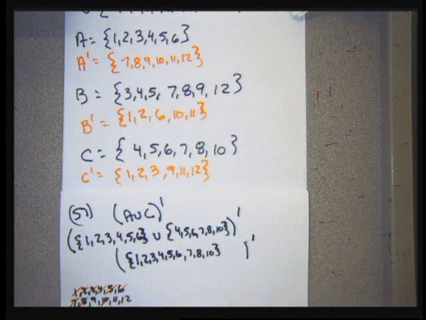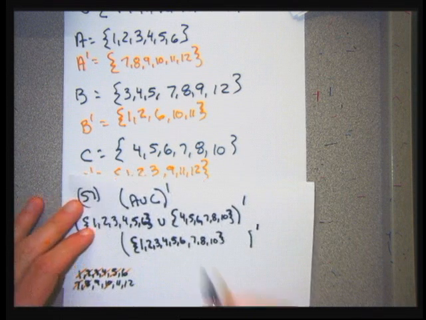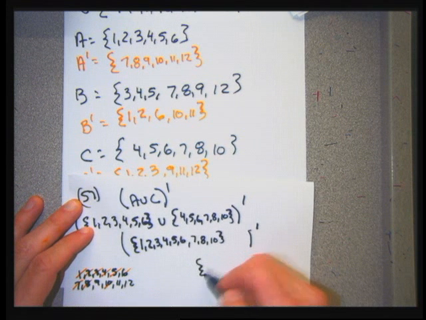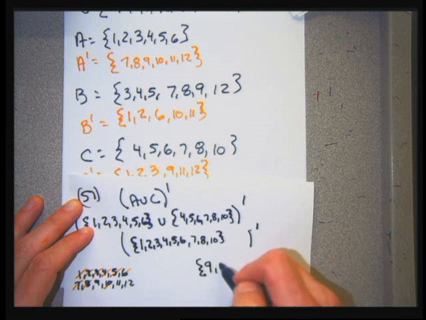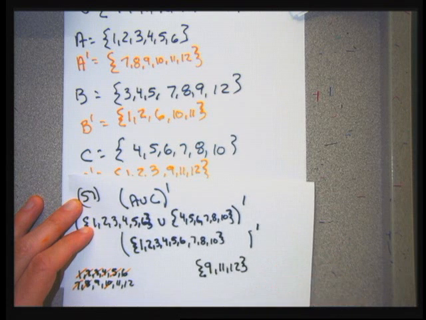So if I cross those numbers out of the universe, what's left uncrossed is the complement. And that's going to be the answer to this problem. The things that are left are going to be 9, 11, and 12. So the answer to this problem is the set containing the numbers 9, 11, and 12.